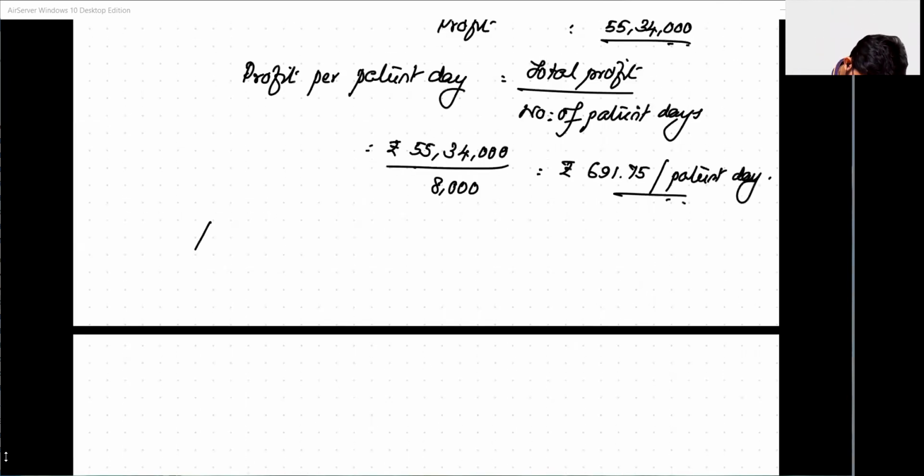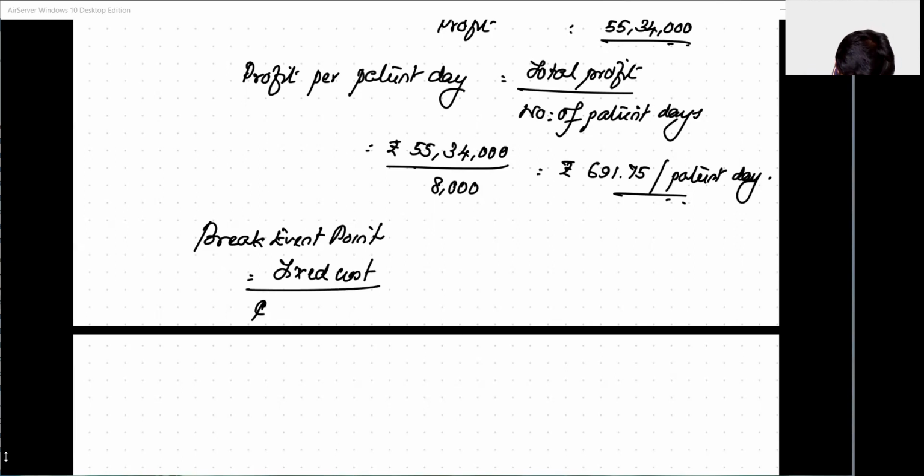Now you are required to compute the break-even point. What is break-even point? That is equal to fixed cost divided by contribution per patient day. Okay.